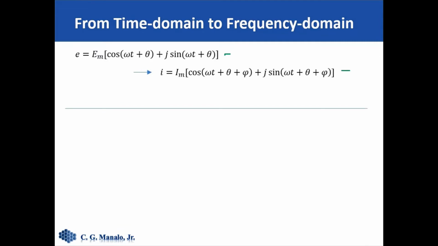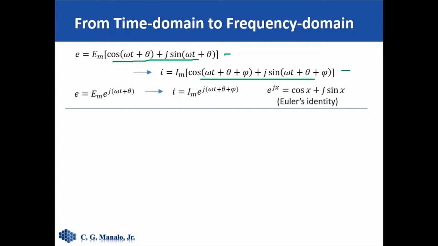Recall that from Euler's identity, these expressions can be replaced by complex exponential expressions, and that should give us these much more compact equations.